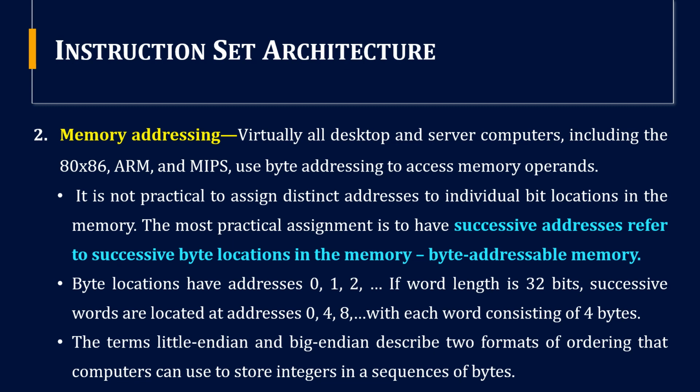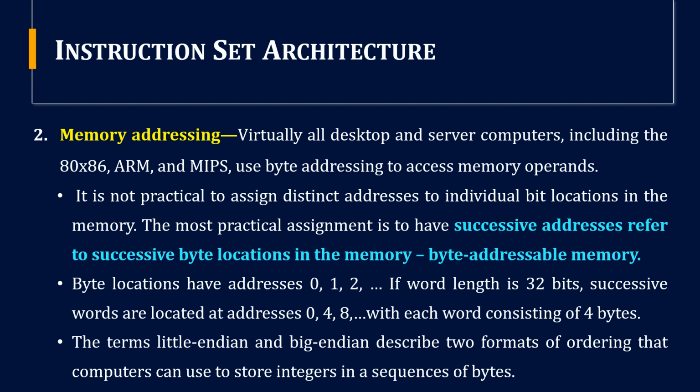Since the word length is 32 bits, the successive words will be at addresses that are multiples of 4, that is, 0, 4, 8, 12, etc., because each word consists of 4 bytes.